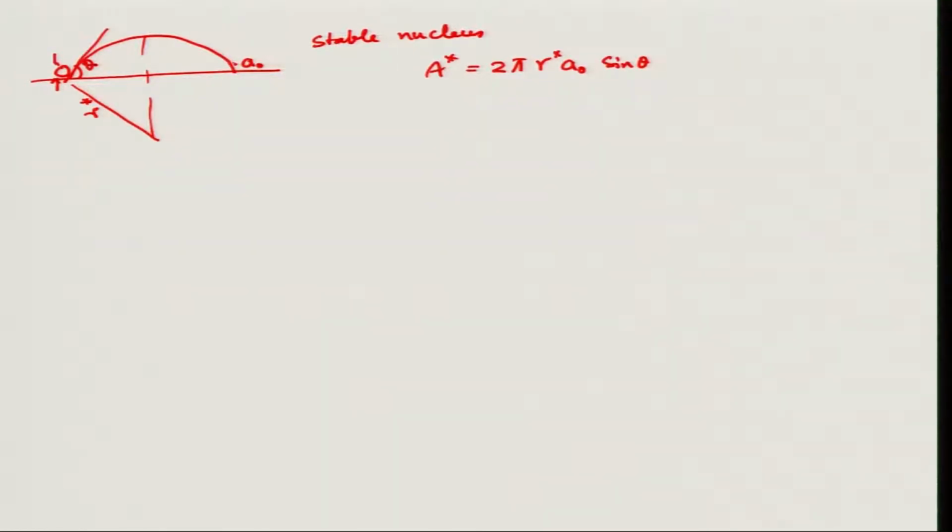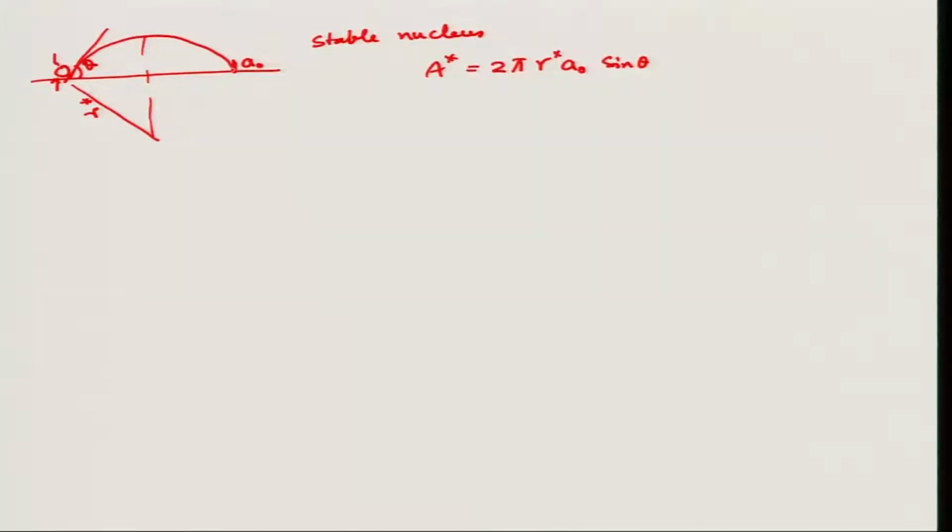So, the total area for these atoms to get attached onto this is given by this expression, the peripheral area. 2 pi r star is the perimeter, and a0 sin theta is the area over which these atoms after migration can get attached. So this is one part.